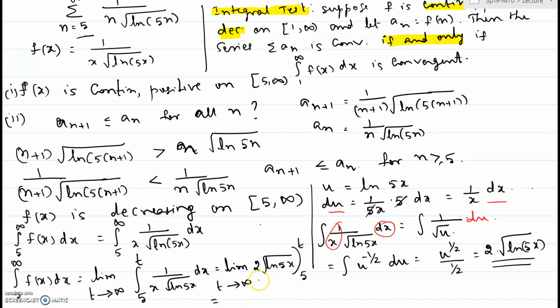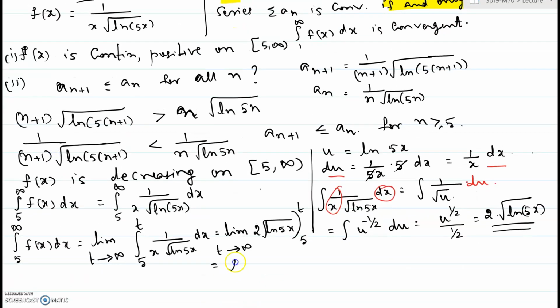So it will be 2 times the limit as t approaches infinity of square root of ln of 5t minus 2 times square root of ln of 5 times 5, the lower limit, which is ln of 25.